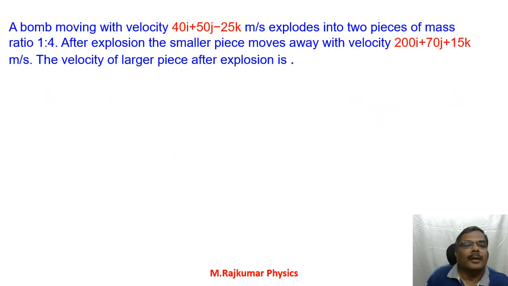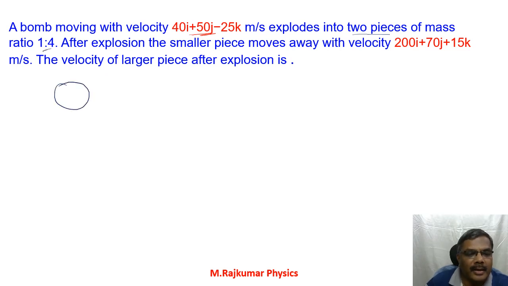A bomb is moving with the velocity 40i plus 50j minus 25k, and it explodes into two pieces of mass ratio 1:4.